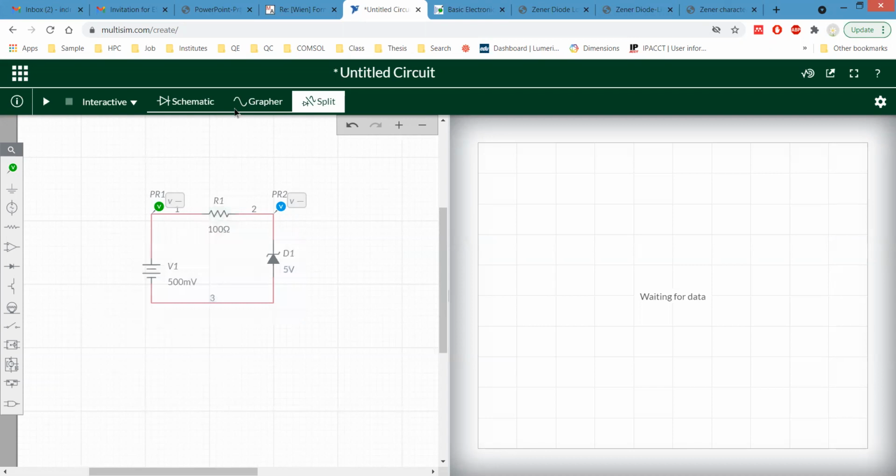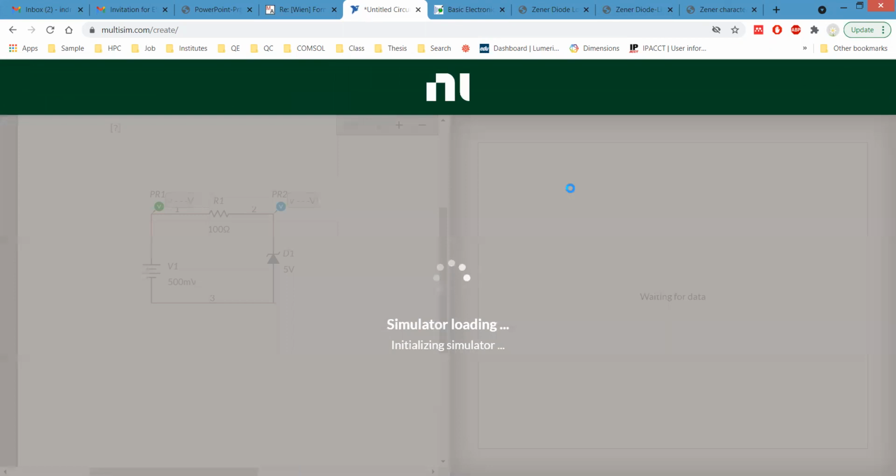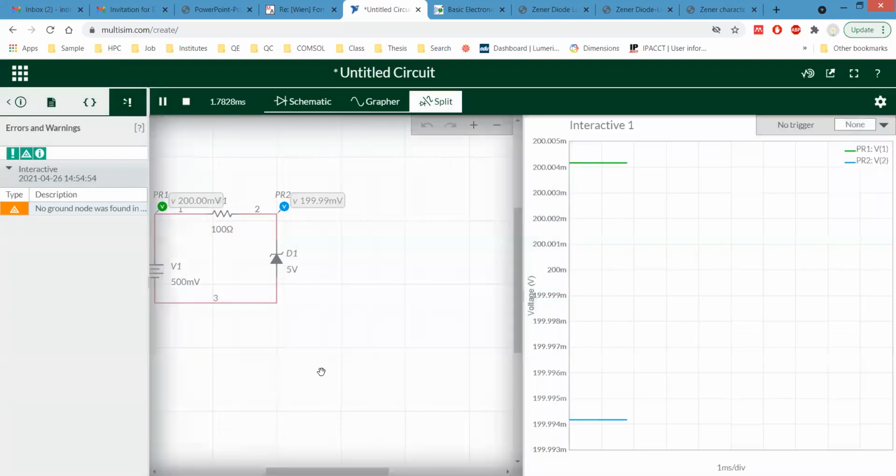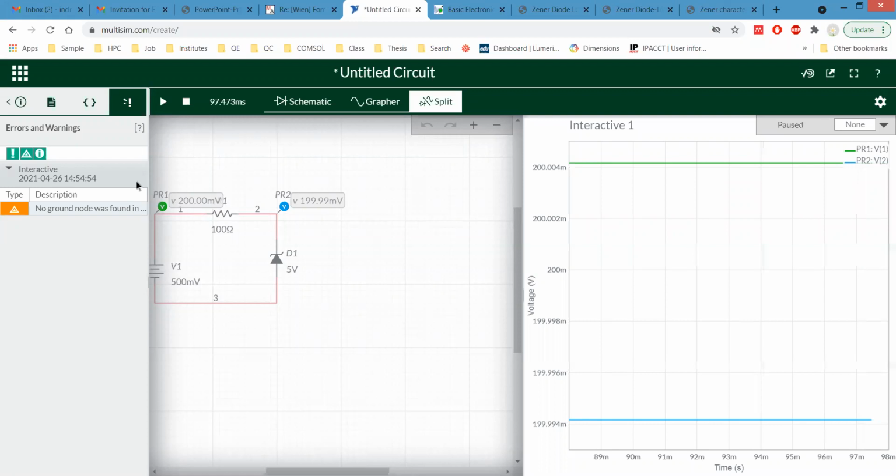Okay. Now play it. An error is given: no ground found.